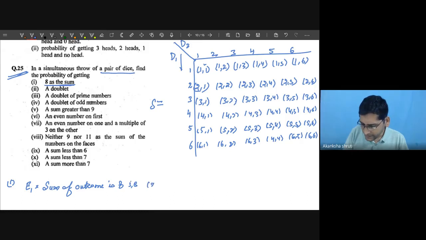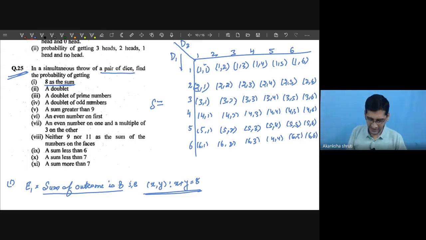If we take outcome X on the first die and outcome Y on the second die, then the pair (X, Y) such that X plus Y equals 8. This is the mathematical language for writing the English sentence, sum of outcomes is 8. Whether you write it mathematically or this way, they mean the same thing.